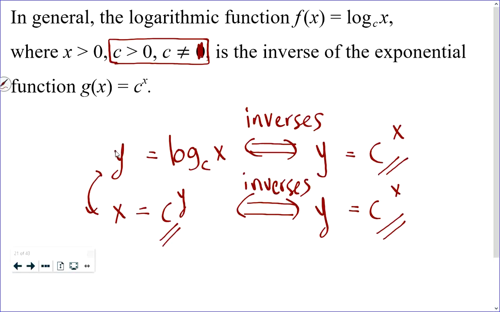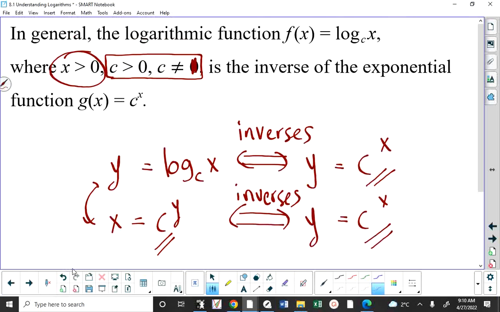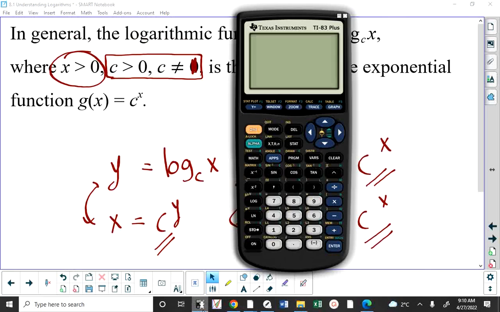I'm not going to talk right now about why x has to be greater than 0. I just want to tell you right now that you're not allowed to take the logarithm of a negative number or of 0. And just to demonstrate that to you, you have a calculator and you have a log key. Don't worry about exactly what that log key does, but it is a logarithm key. If I take the logarithm of 50, I get some number, okay? Don't worry about what that is just yet. We'll get there.